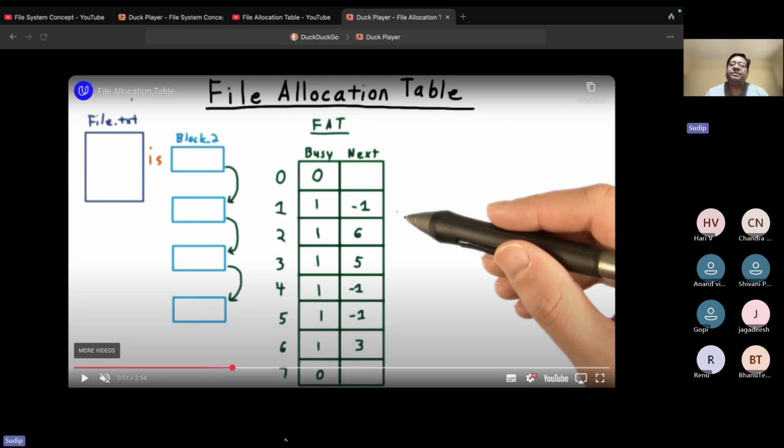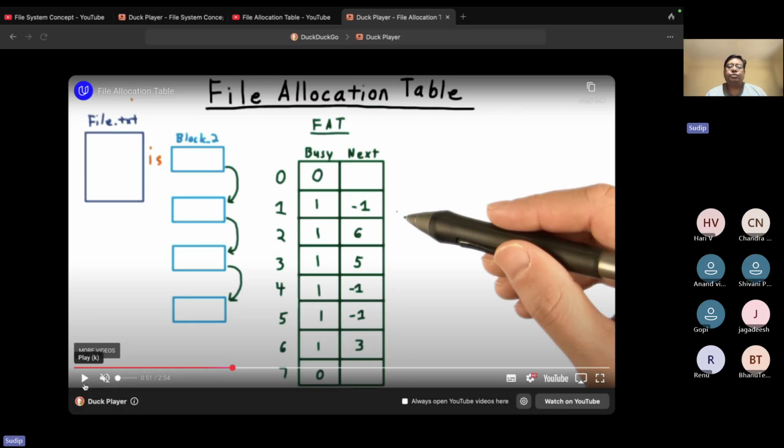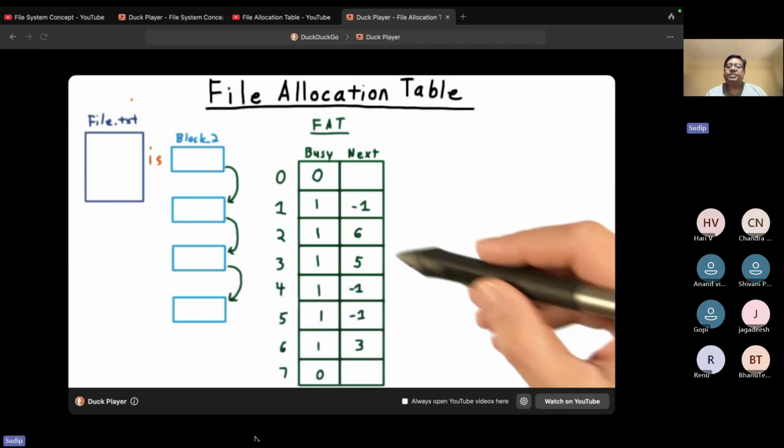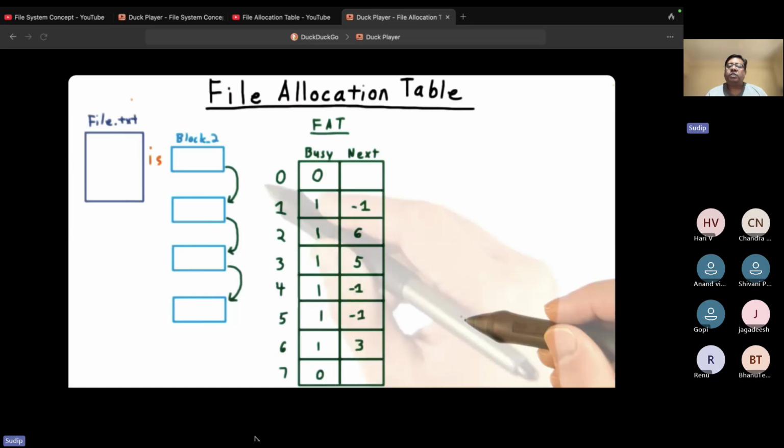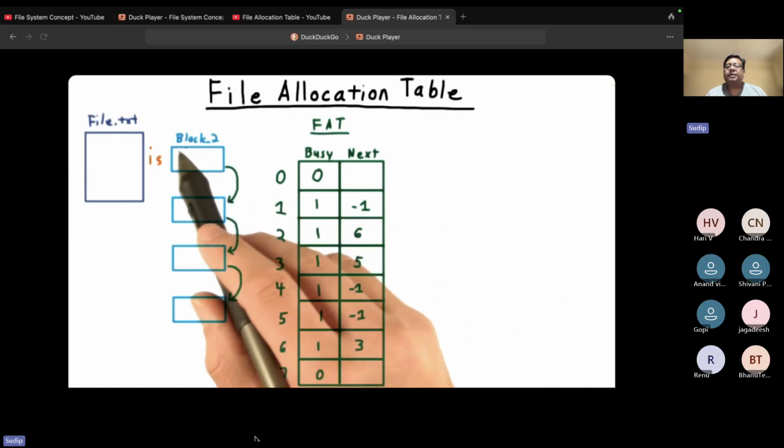That is the reason why this kind of file allocation table is required. If a user is requesting a file or data, where should it go to read the first chunk, the first block or the first sector, then where should it go next, and so on, until it finishes reading all the blocks from all the sectors.